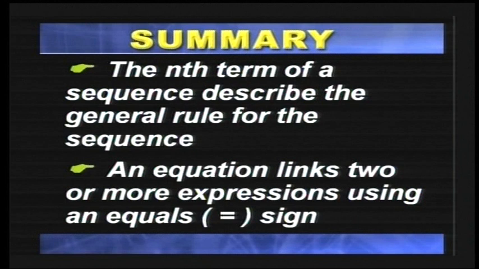The second summary point, an equation links 2 or more expressions using an equal sign. So when you see an equation written or an expression written with an equal sign, then you should know that it's an equation that links 2 or more expressions. So these are the 2 summary points. I'll give you 2 minutes to quickly copy those 2 summary points into your books.